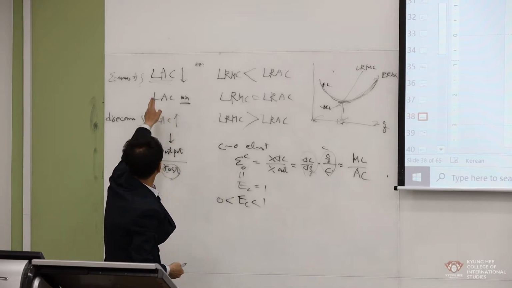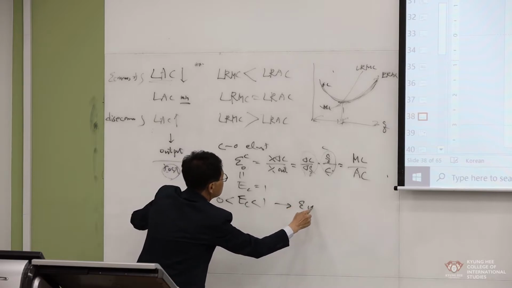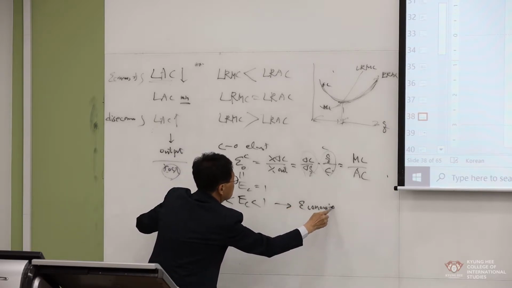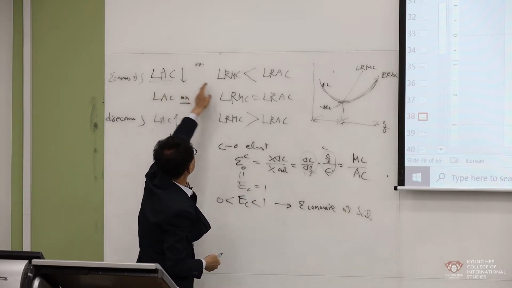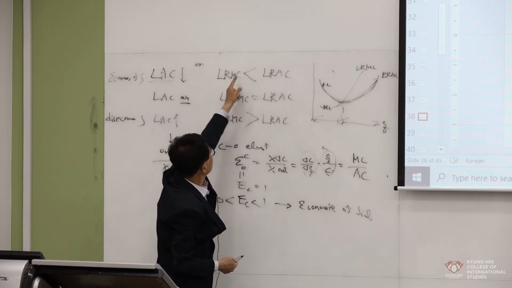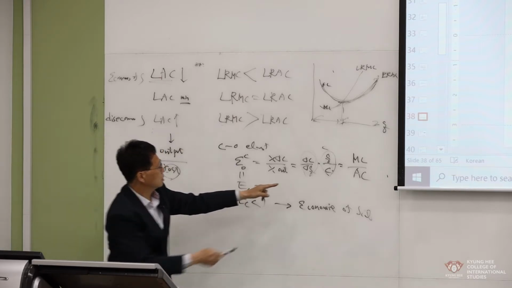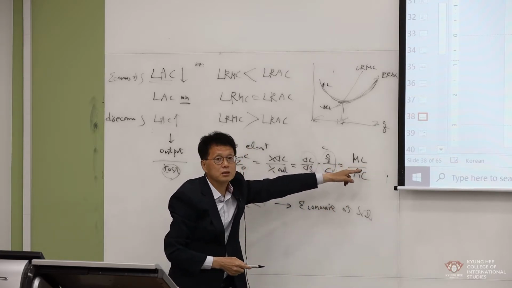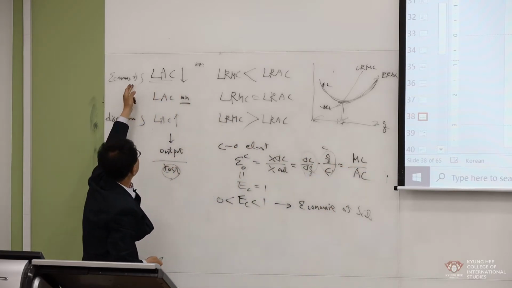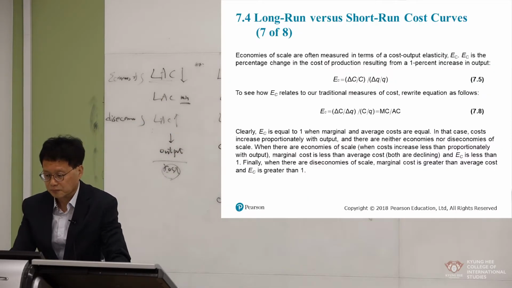So that means economies of scale. Long run average cost decreasing, then average cost greater than marginal cost. EC is higher than 0, less than 1. Then average cost greater than marginal cost, or average cost decreasing. So economies of scale. Can you understand?